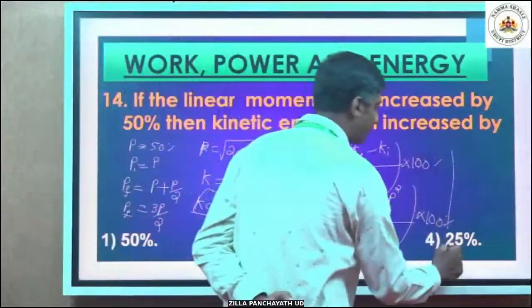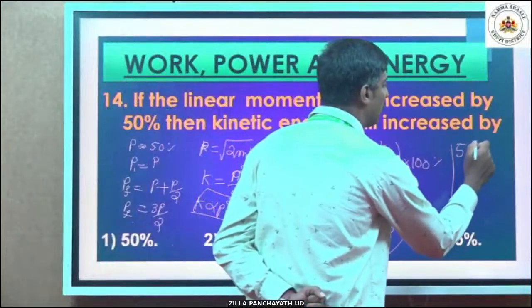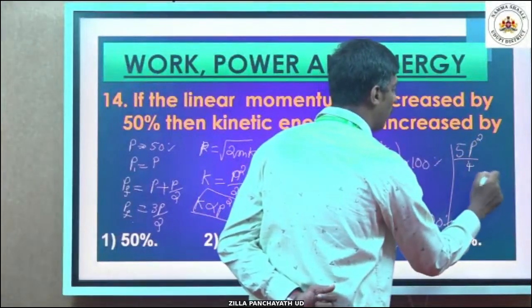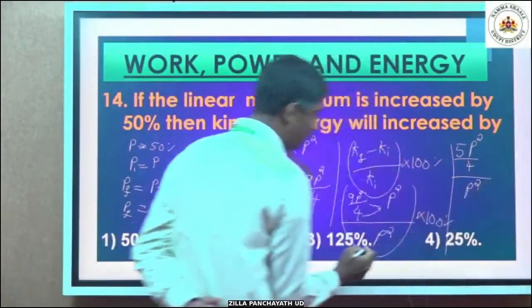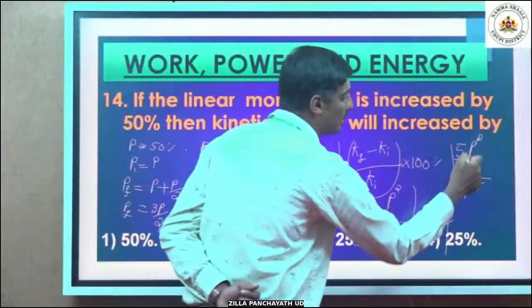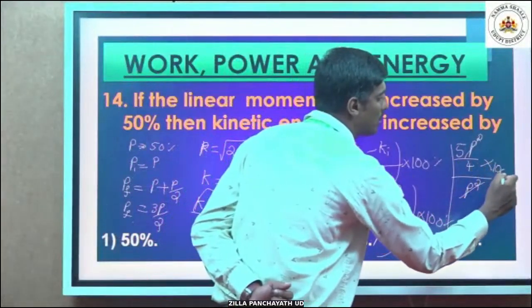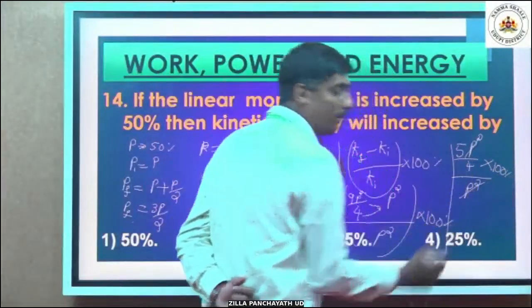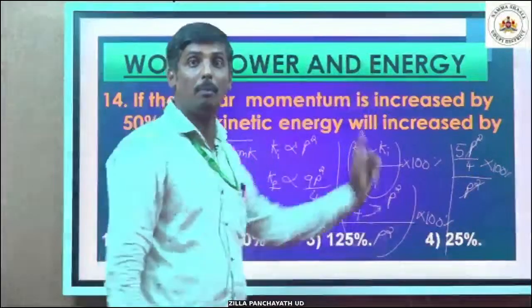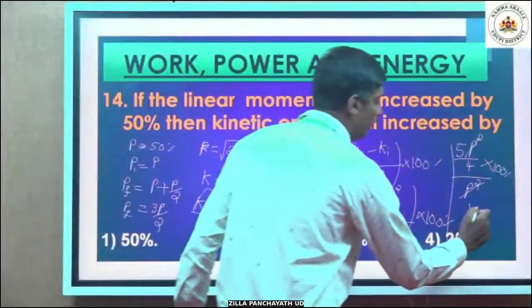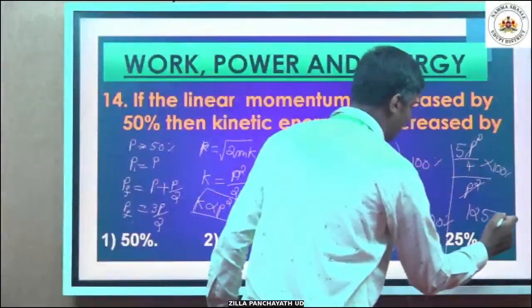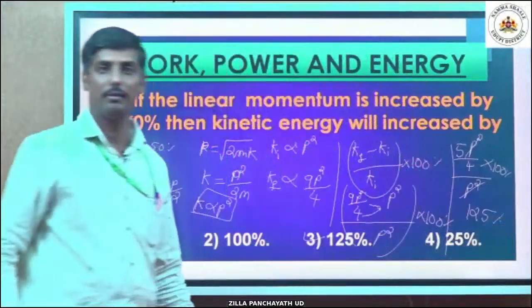So 5p square divided by 4, whole divided by p square. The p square cancels. Into 100%, 5 by 4 is 1.25, and 1.25 into 100 will be 125%. So this is the option.